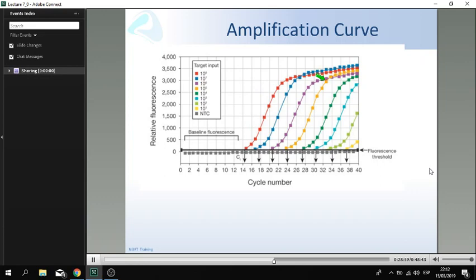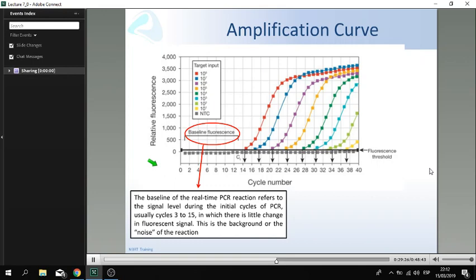Then we have all those different curves that correspond to different starting amounts of material. The red one is the highest amount of DNA, 10 to the power of 8, and the yellow one is the lowest amount of starting material. The gray one is no template, so we did not put anything in this one, to help us determine whether our reaction is happening properly.